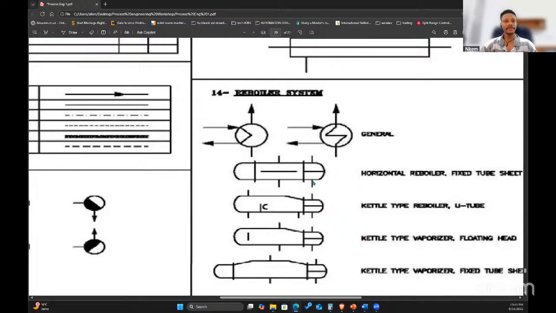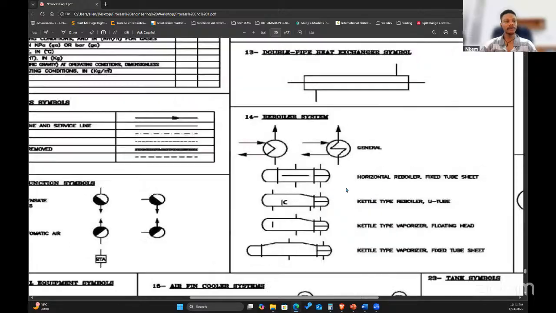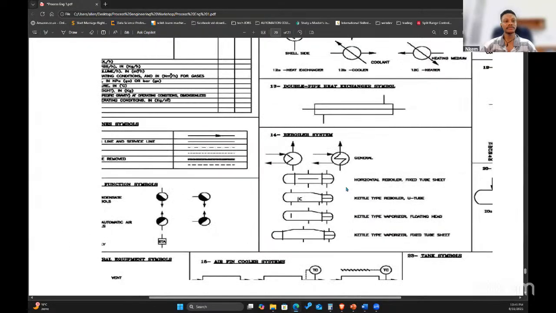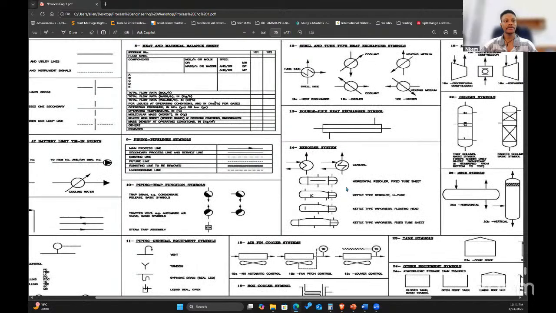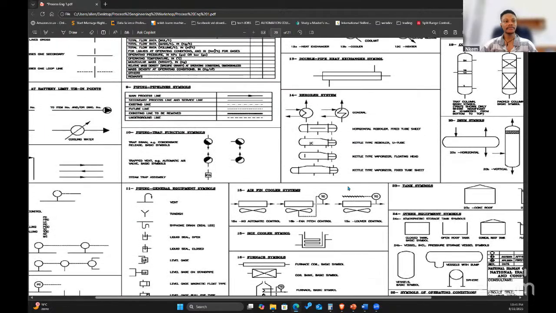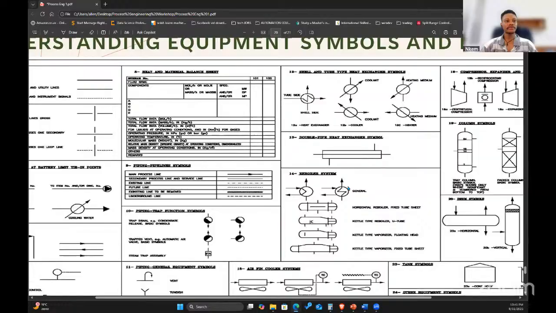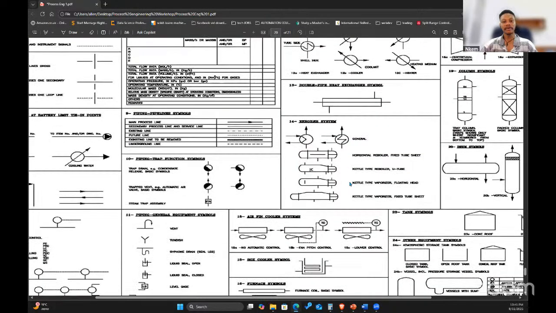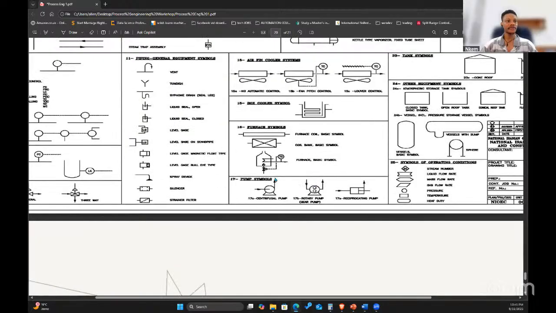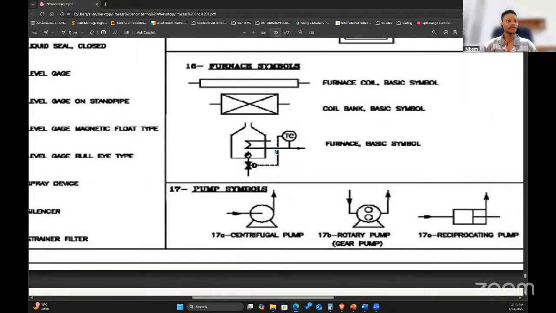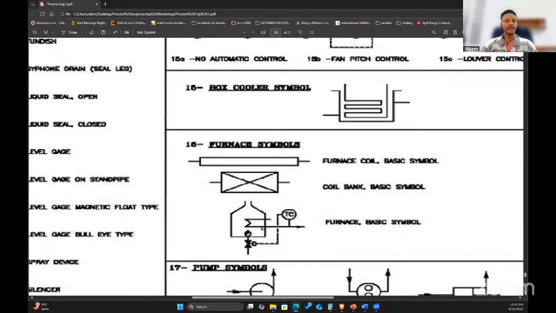The reboilers receive either oil or mostly oil, because the oil will be able to absorb more heat compared to the water, and it retains more heat compared to the water. So you use oil. So the oil now is going to be heated up here.